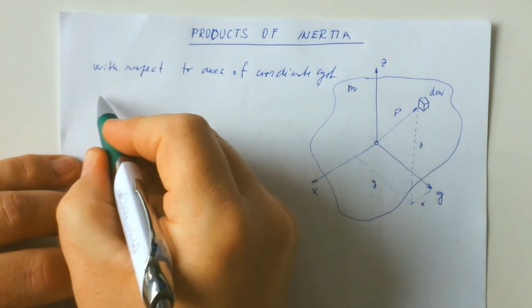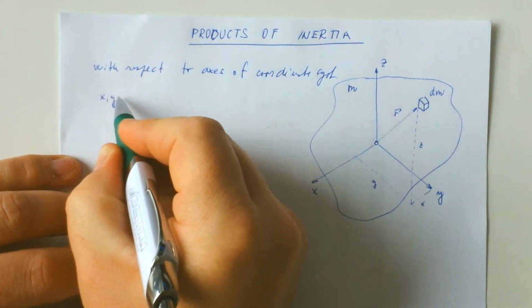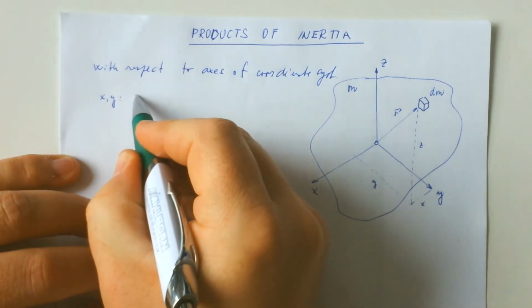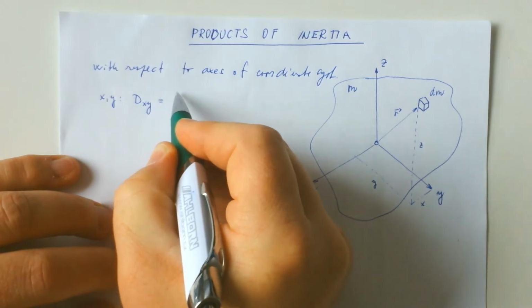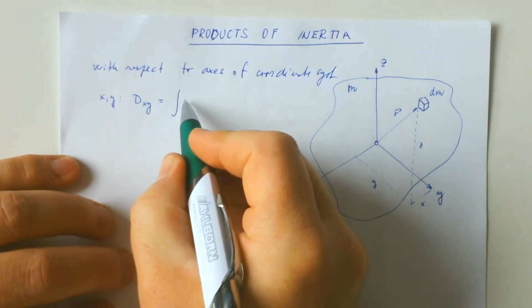And first we can calculate product of inertia with respect to axis xy, and the definition is like this.